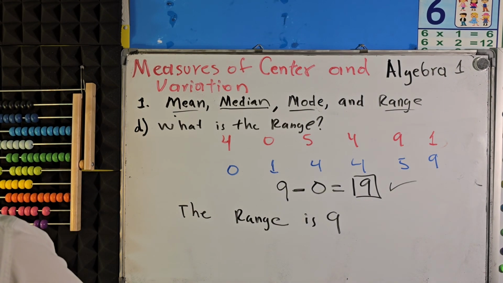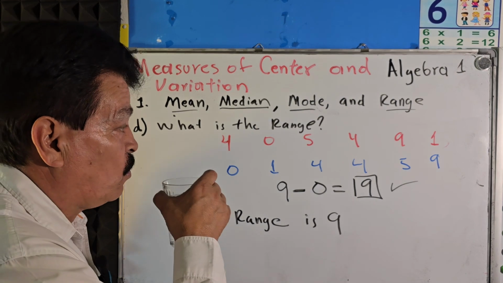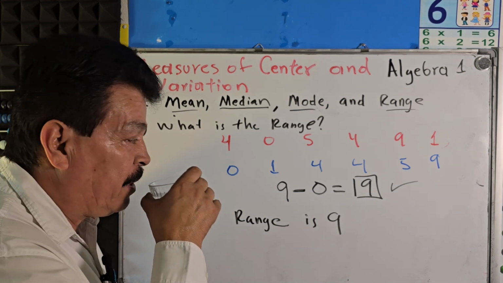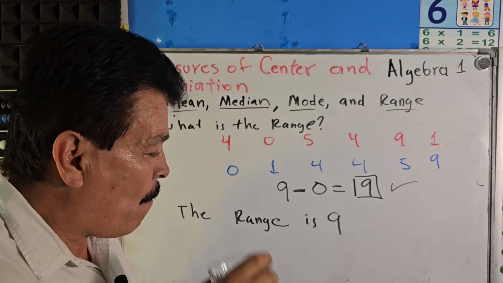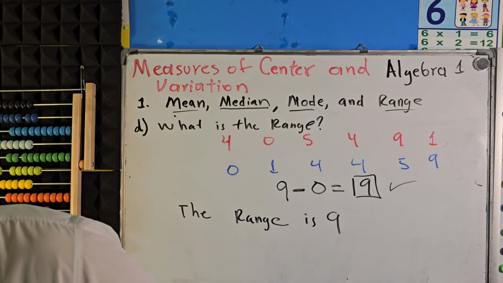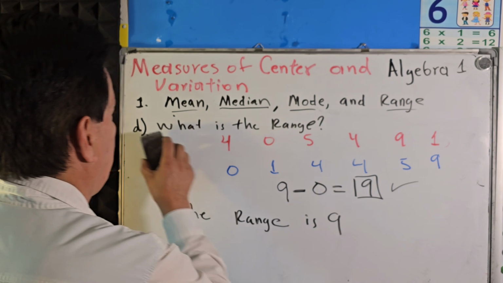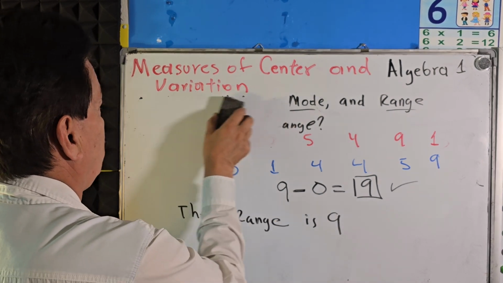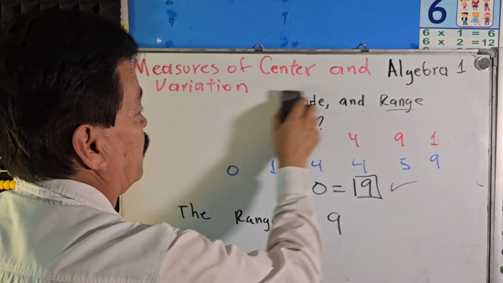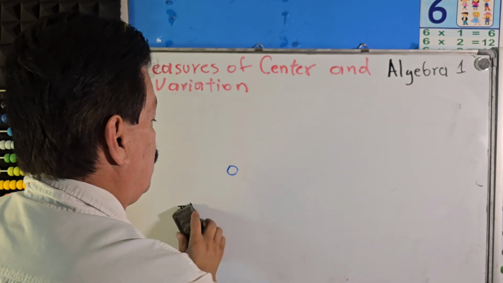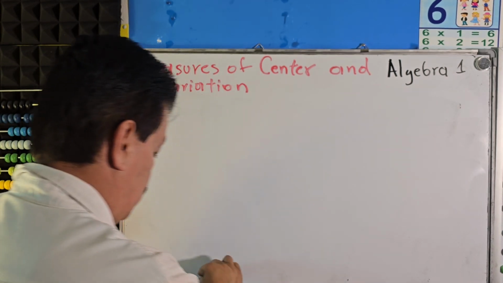Okay, so now we have to see something a little bit more complex. Next step, I will change something here. It's also a series of measures of variation. So right now you know these questions.